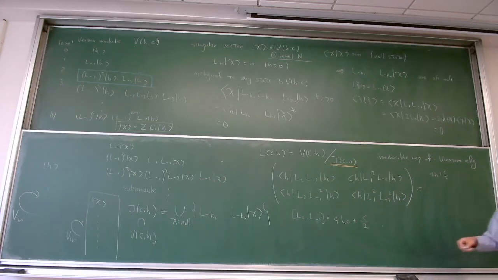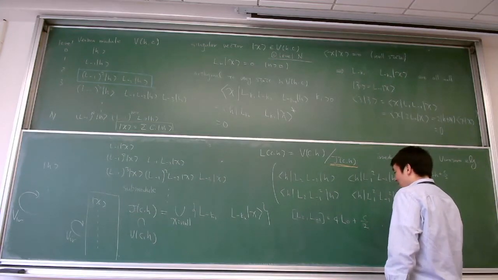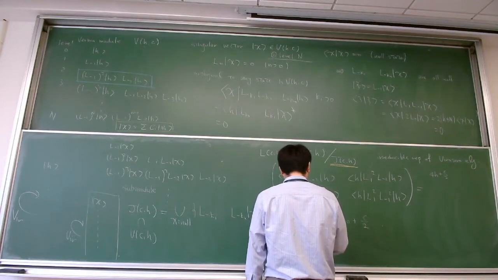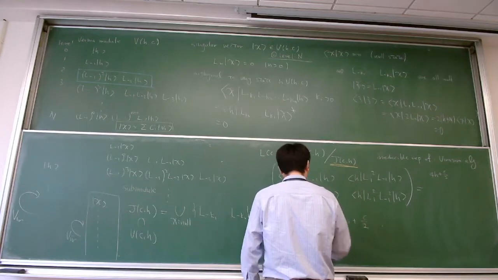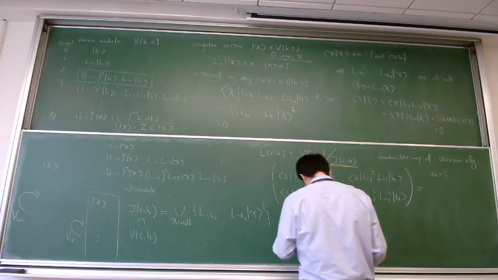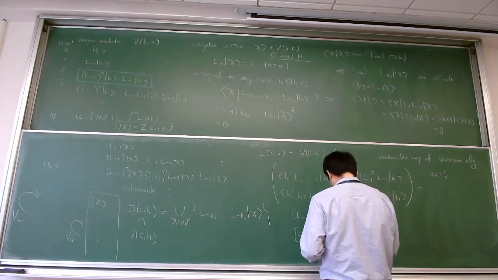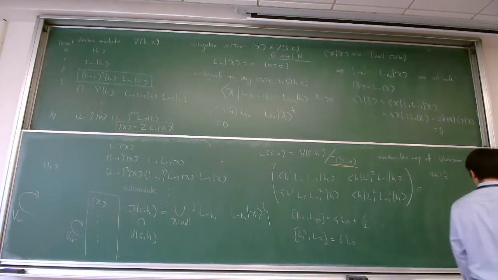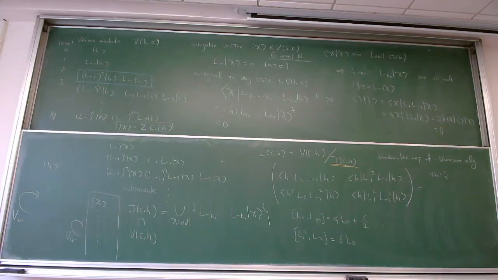Then we can do the same operation with L1 squared, L minus 2. So you need to know the consequence. This is indeed 6 times L naught, so you can just do the computation; you can check it by yourself.